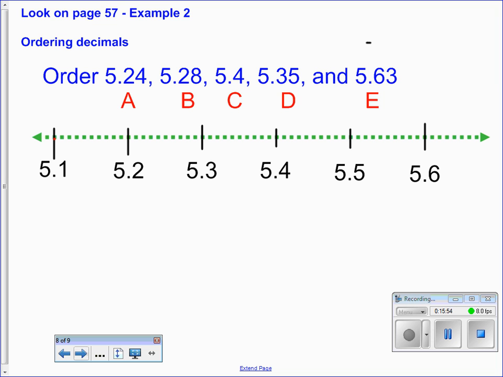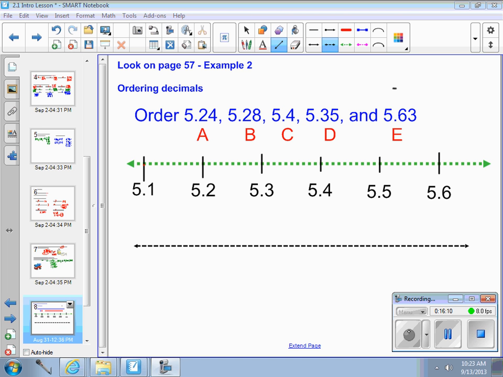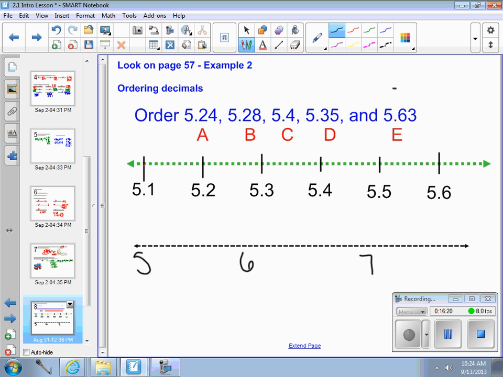All right. So if you look in your textbook on page 57 in example 2, we're asked to order the decimals. Notice that on a number line, I have drawn another number line below this one. Let's say I had the numbers 5, 6, 7 here.